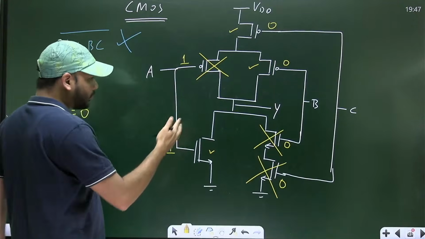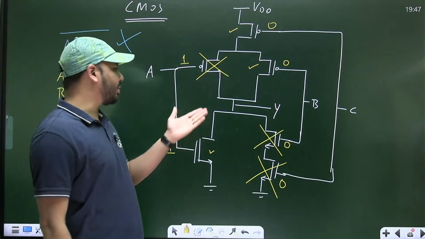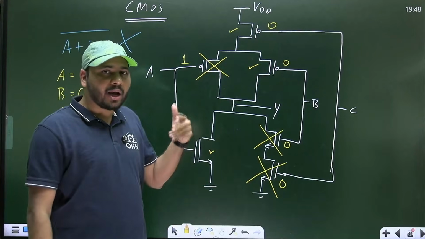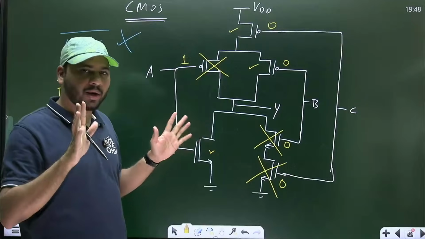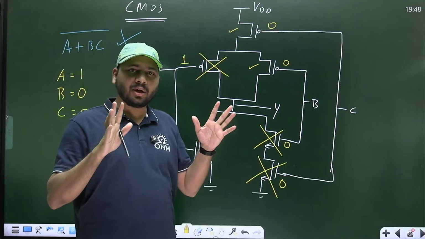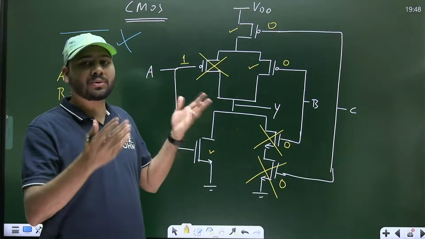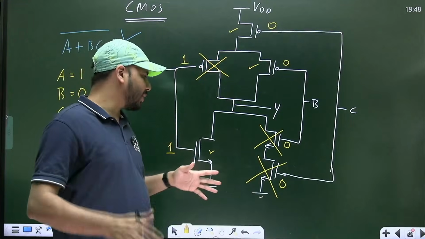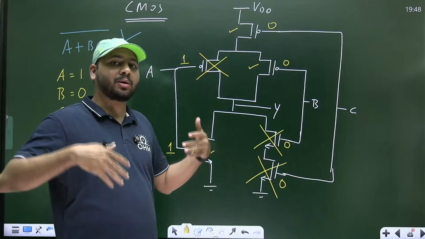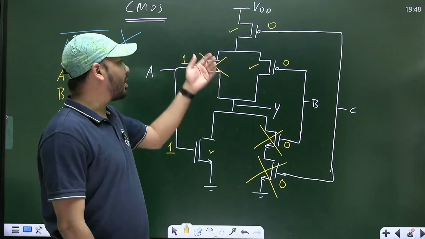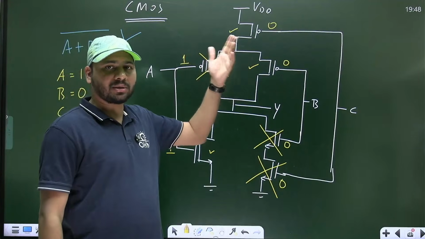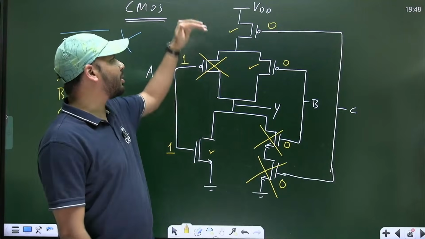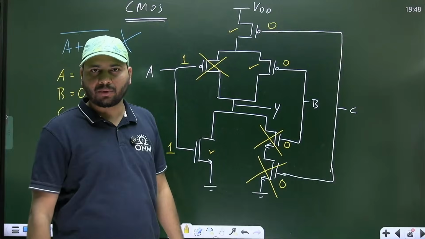In this case, you cannot really decide whether the output will be high or low, at least for the given data. If you are given information about the relative strength of the PMOS and the NMOS transistors, for example, if NMOS transistors are much stronger than PMOS, or PMOS much stronger than NMOS, then you can decide whether the output will be closer to VDD or closer to ground.